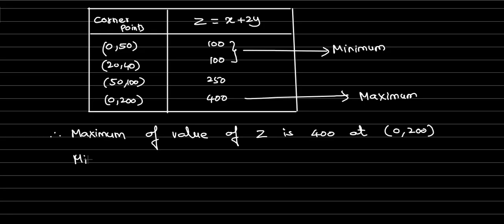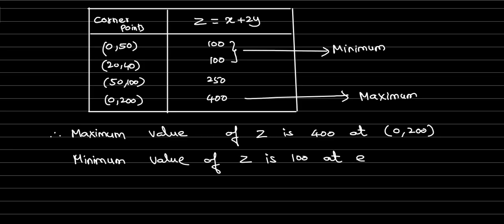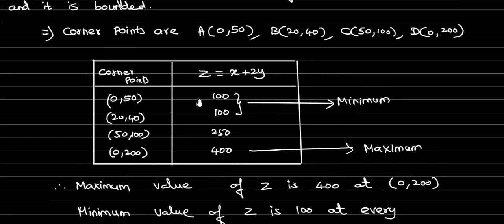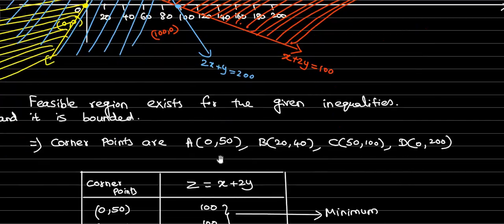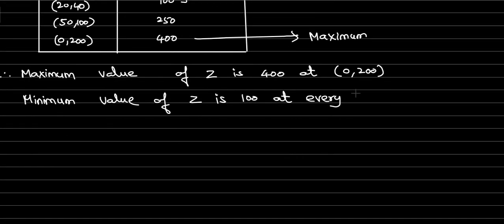But the minimum value of Z is 100 at every point, because 0 comma 50 and 20 comma 40, if you notice in the feasible region, form one of the sides, a line segment. So at every point in AB.